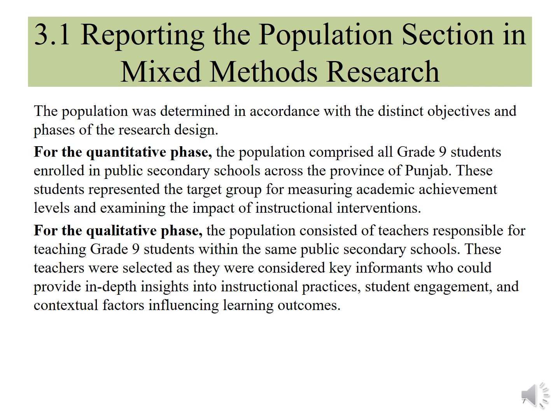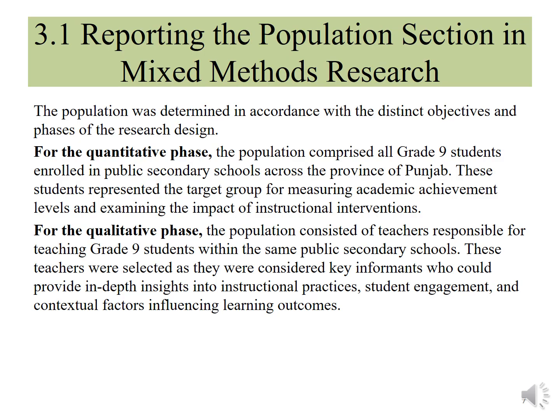First, for the quantitative phase, the population comprised all grade 9 students enrolled in public secondary schools across the province of Punjab. Note one thing here, we do not use any preposition after comprised.